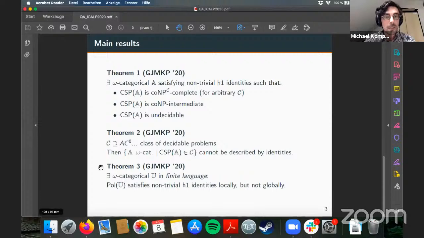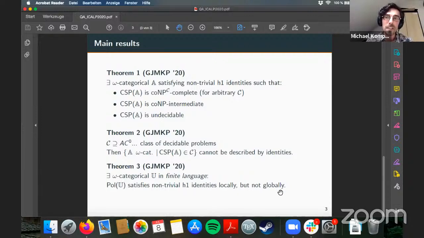And the last thing was that we took an already known example, of Manuel, Michael, Jakub, and Ross Willard, of an ω-categorical structure such that the polymorphisms satisfy non-trivial height 1 identities locally, but not globally.